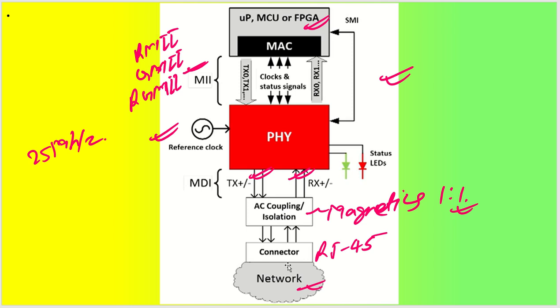These days RJ45 connectors come with inbuilt magnetics, so there is no need for separate magnetics, and this then goes to the network. There are also LED indications, so instead of connecting the LEDs to the PHY transceiver, they can be built directly into the RJ45. That is why you see blinking LEDs whenever you plug in an RJ45 network connector.